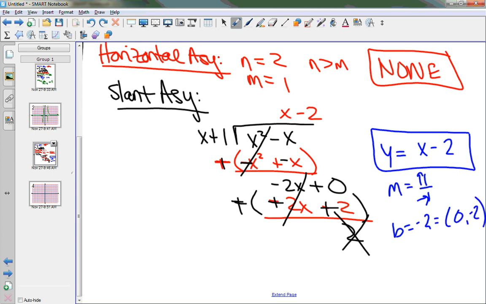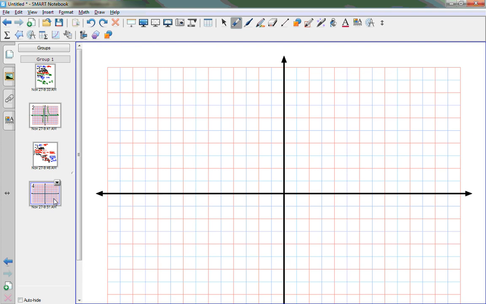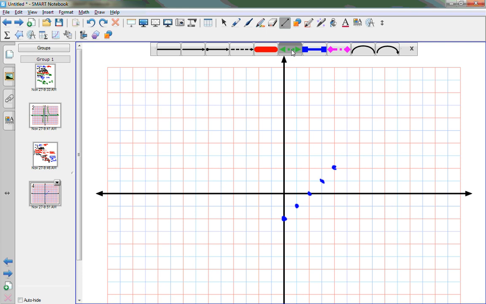So if I stop right here, and I go straight to my graph, where do I start at right now? I start at 0, negative 2. I go up 1 to the right 1, up 1 to the right 1, up 1 to the right 1, and I make this into a slant asymptote.